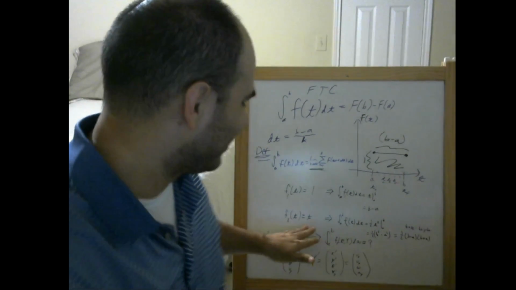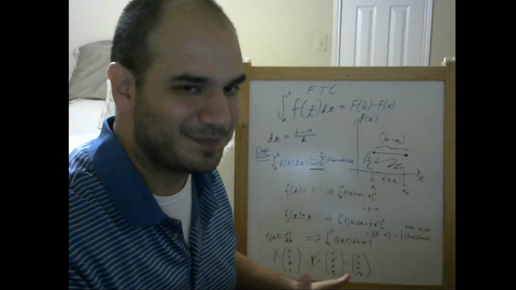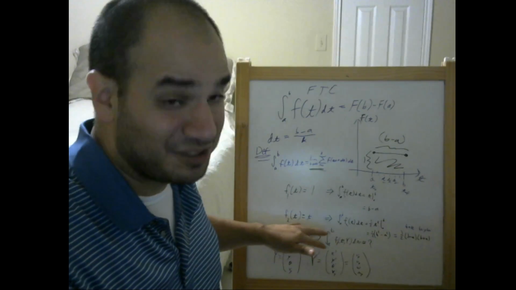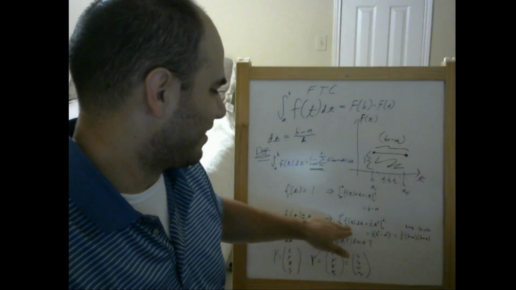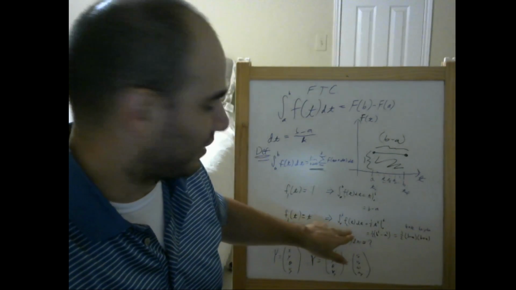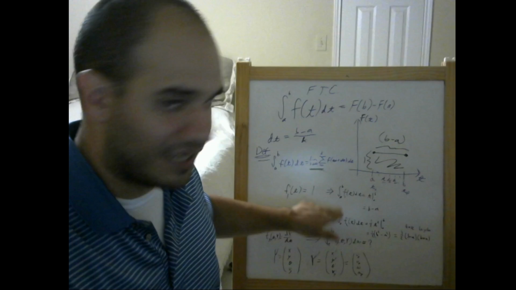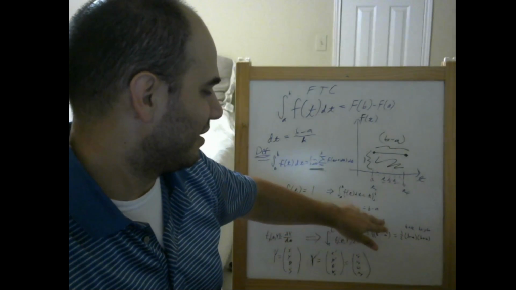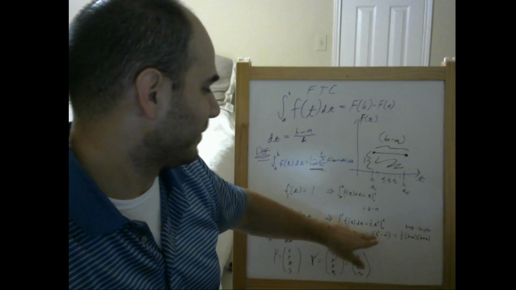So the second integral is pretty simple. It's just a line. It's the canonical line, f of t, or f2 of t, equals t. So then the integral of our second function, f2 of t, dt from a to b, is going to be 1/2 t squared evaluated from a to b.